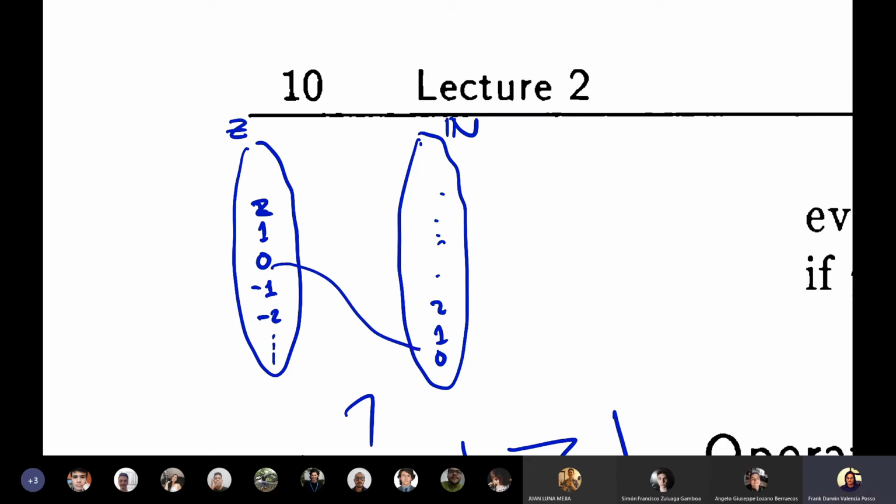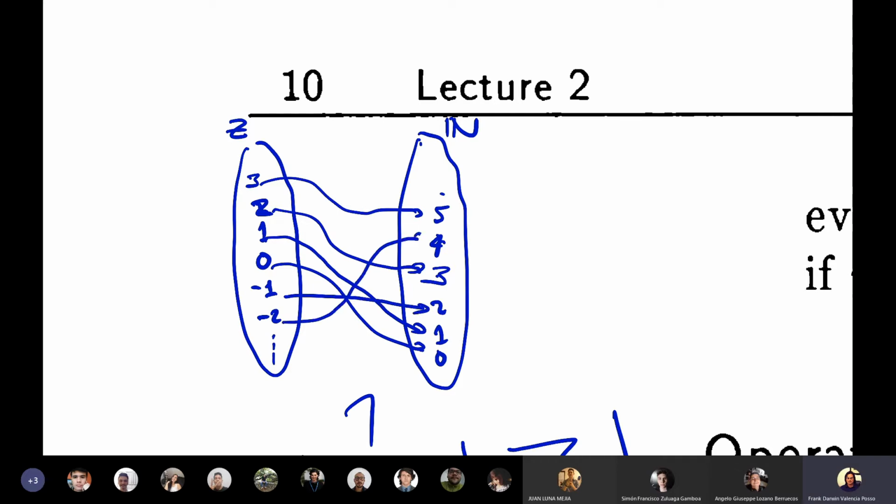So 0 goes to 0, 1 goes to 1, 2 goes to 3, 3 goes to 5, and -1 goes to the first even number, -2 goes to the second even number, and so on.